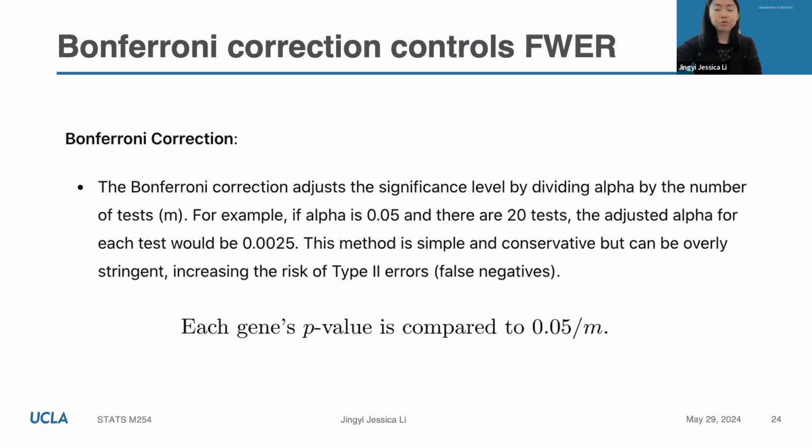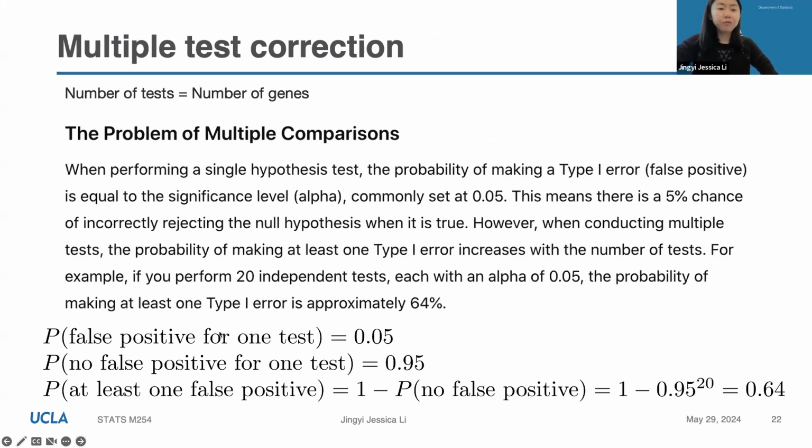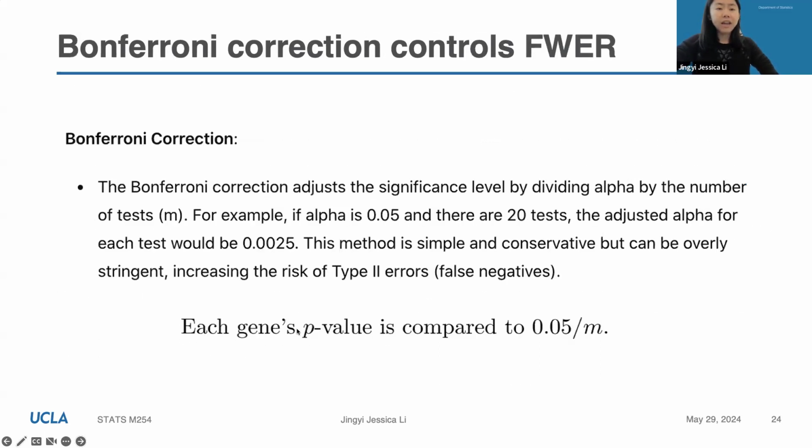To actually control this family-wise error rate, instead of controlling just the type 1 error for one test, we have the so-called Bonferroni correction, which is what's used in Seurat. Bonferroni correction is very simple. It just adjusts the significance level by dividing alpha by the number of tests.